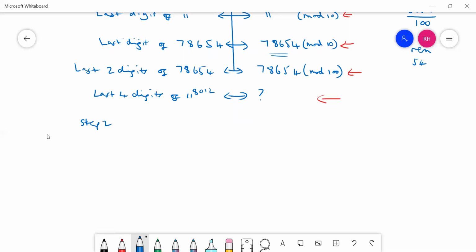So what's step 2? Well, we're going to have something like this. We're going to have a to the power of b modulo c. Example: 3 to the, what did I have before? I had 7864, but I could have 3 to the 8 mod 17, for example.